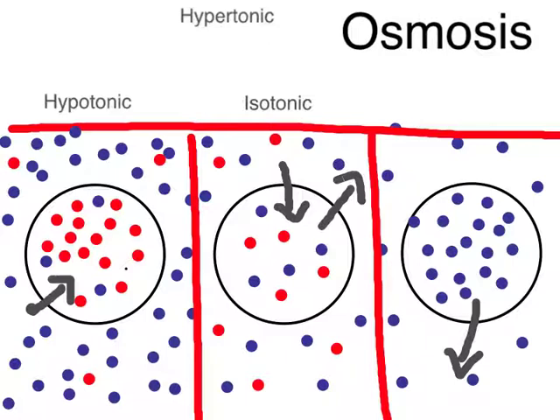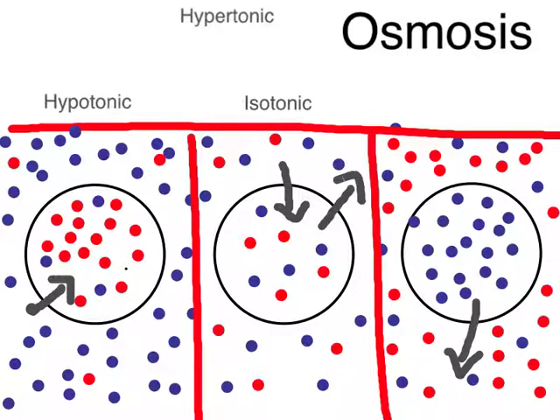And then last, if the concentration of water outside was low, that was because of all of the dissolved salt or solute. So in this case, we have taken that cell and dunked it in a cup of very salty water.